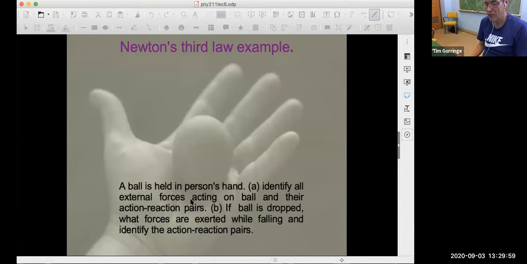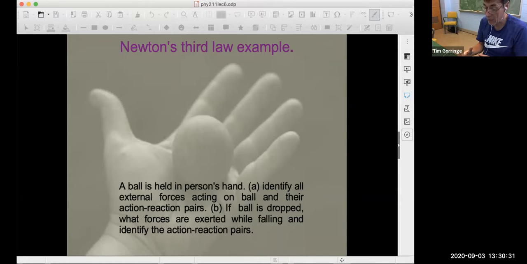Okay, I want to look at an example of the third law. I'm not going to calculate any numbers here, but I am going to illustrate the third law. So imagine you're holding a ball in your hand. Simple situation. We're going to figure out the forces that are acting on the ball and all the action-reaction pairs involving those forces.